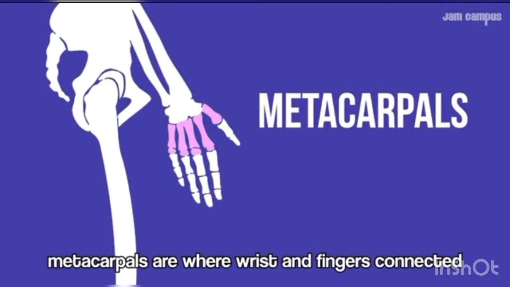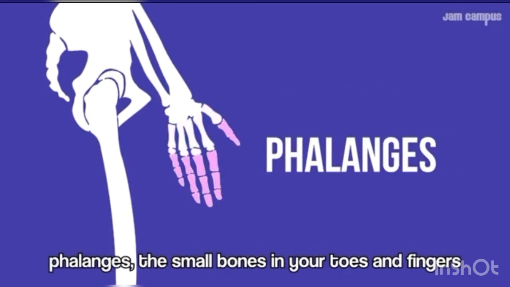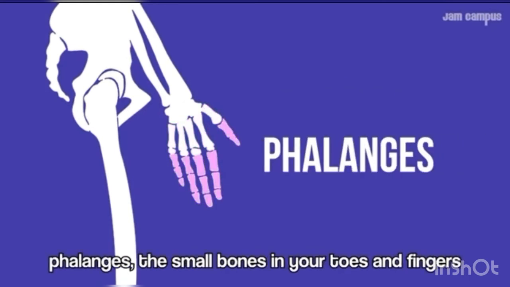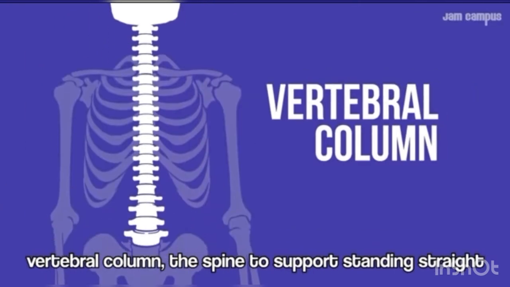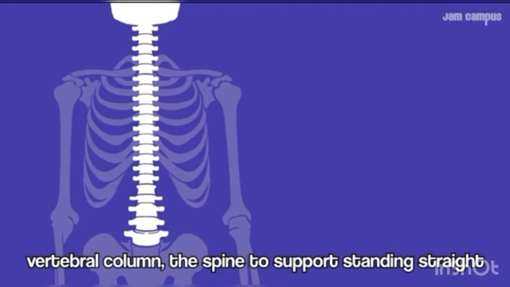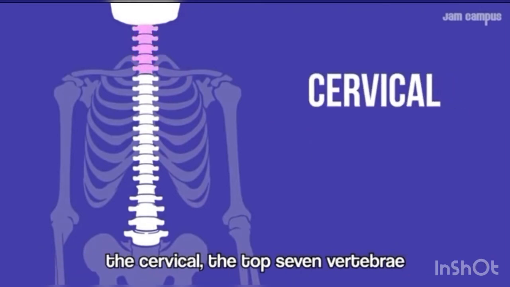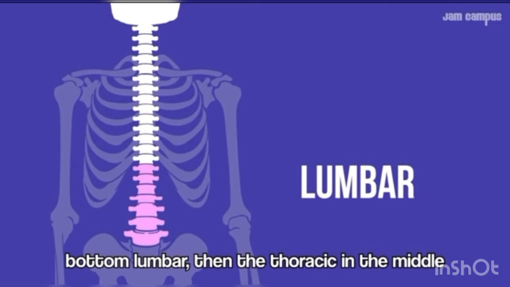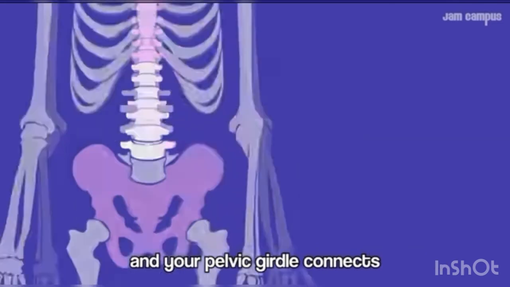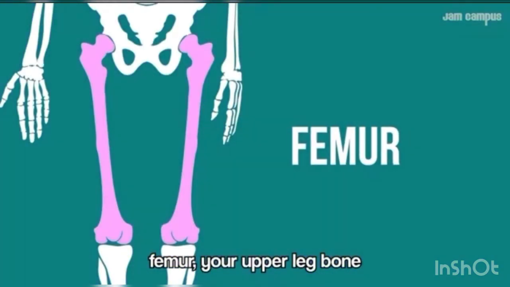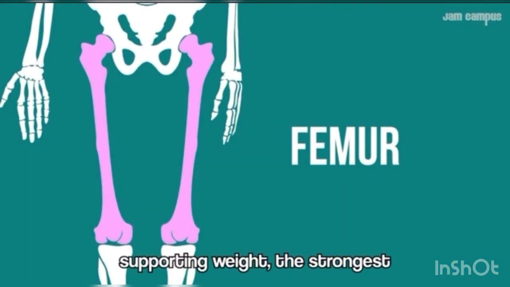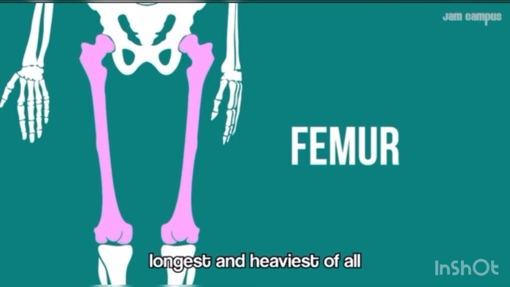The metacarpals are where wrist and fingers connect. Phalanges, the small bones in your toes and fingers. In your foot are also the talus and calcaneus. The vertebral column, the spine, supports standing straight: the cervical, the top 7 vertebrae, the lumbar at the bottom, and the thoracic in the middle. Your pelvic girdle connects your upper and lower body together. The femur, your upper leg bone, is the strongest, longest, and heaviest of all.